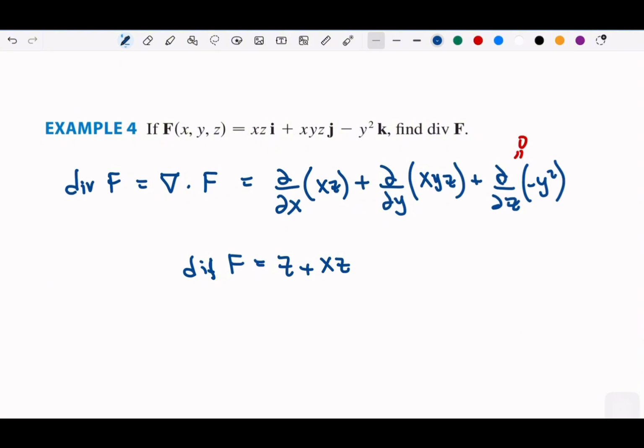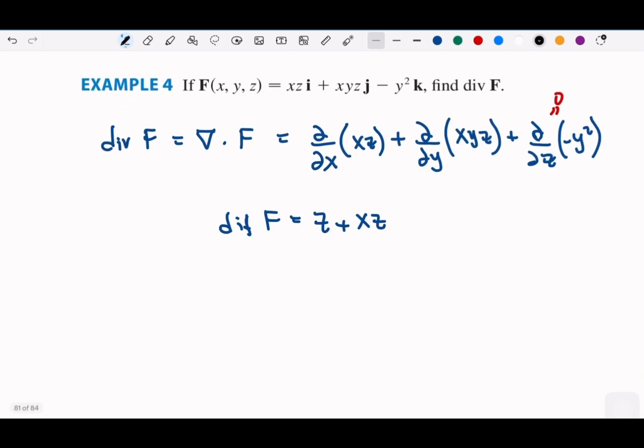Okay, now if we combine the curl and also div, suppose we have P, Q, R, each one in each axis x, y, z.